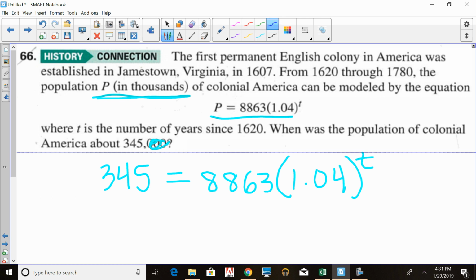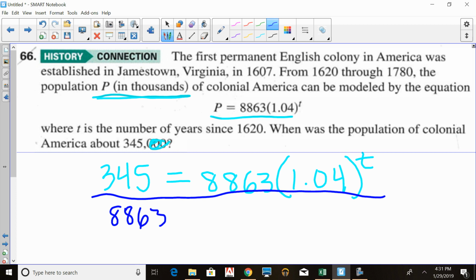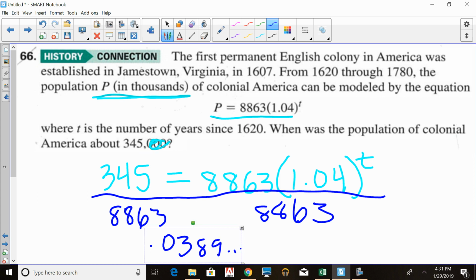So first we divide by 8863. So 345 divided by 8863 is 0.0389 and stuff equals 1.04 to the t.